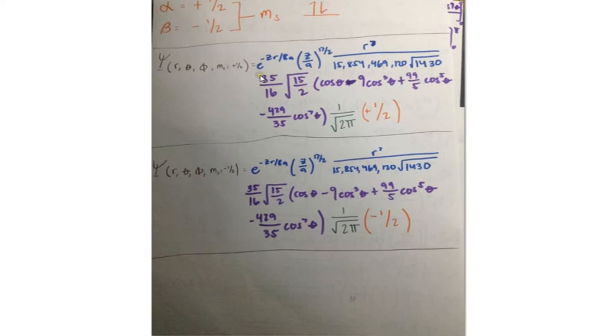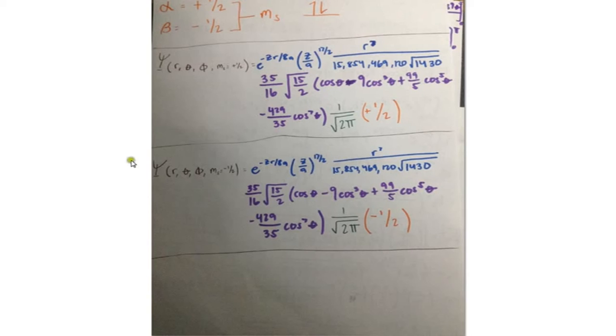So we get e raised to negative Zr over 8a times Z over a raised to 17/2 multiplied by r to the 7 over 15,154,469,120 times square root of 1,430 multiplied by the value of S that we got earlier, which is 35/16 times square root of 15/2 cosine theta minus 9 cosine cubed theta plus 99/5 cosine raised to 5 theta minus 129/35 cosine raised to 7 theta, multiplied by the value of T, 1 over square root of 2 pi, then the value of alpha, which is positive 1/2.